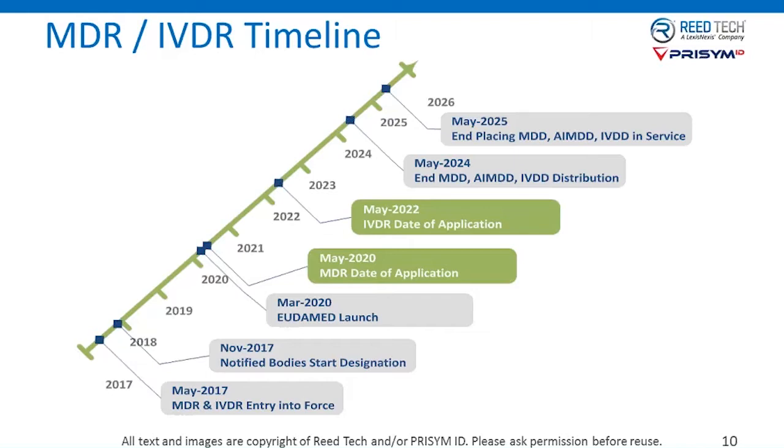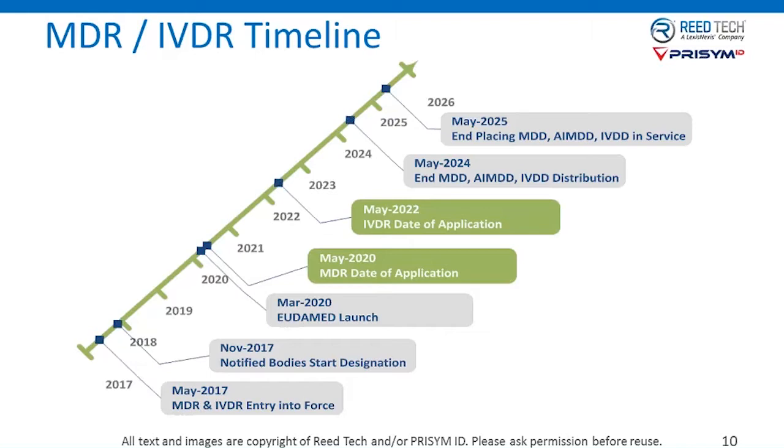So some key dates, for example, the latest date at which you'll be able to put devices into market that are registered under the medical device directives is going to be the 26th of May 2024. The latest date for putting any of those devices into service will be a year later, 26th of May 2025.